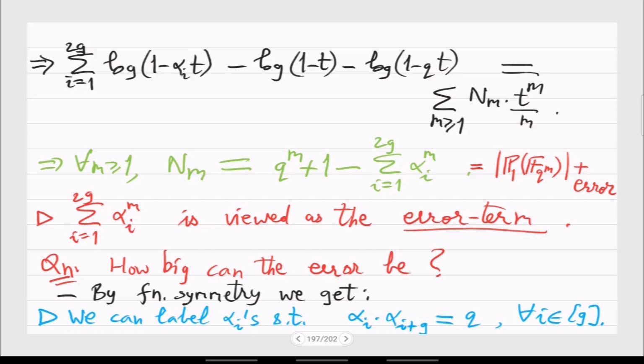So when you substitute 1 over qt, alpha_i over q will be equal to some other 1 over alpha_j. So by that you get that the product is equal to q.